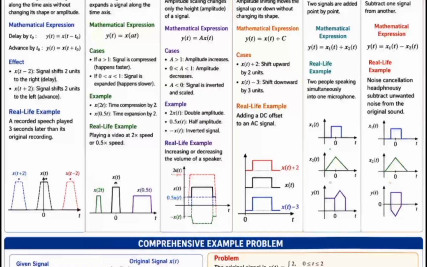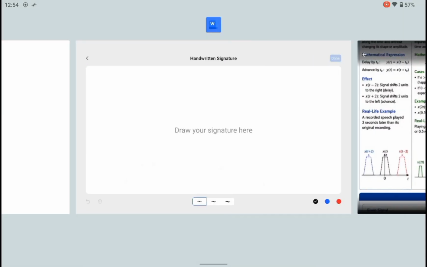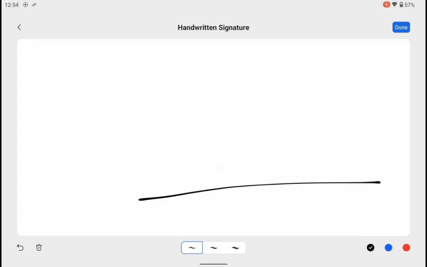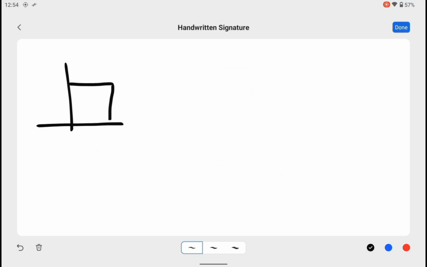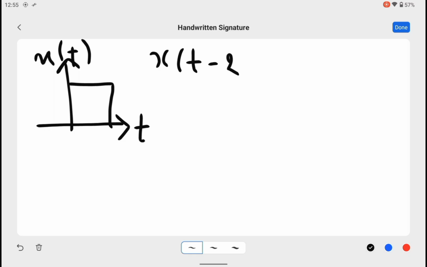Let us see a small example which is related to this. Let us assume that I'm going to have a signal like this. Let me denote that signal as x of t, and it is moving with respect to time t. In this case, for x of t minus 2, I'm going to move the signal to the positive side by 2.